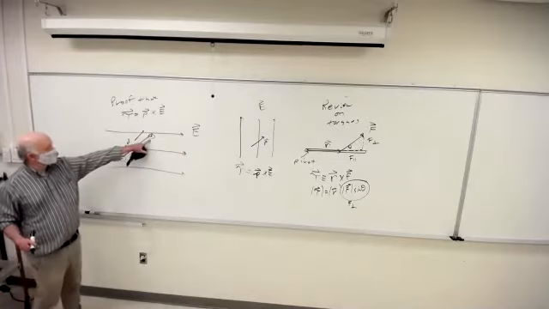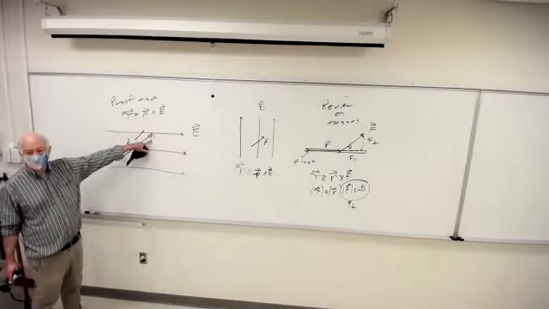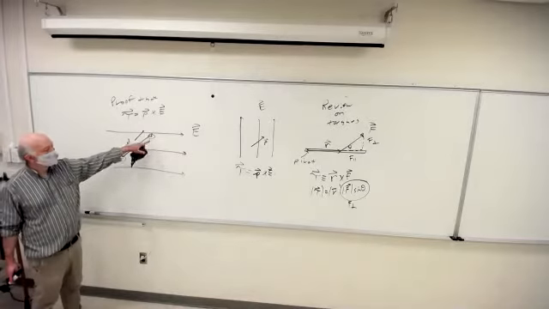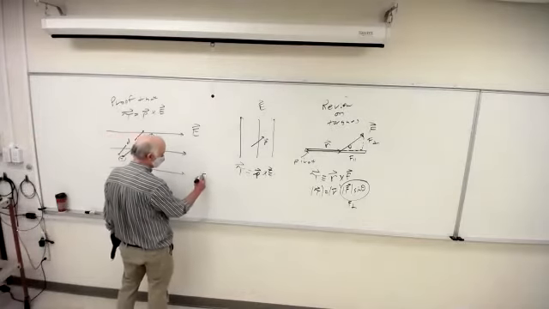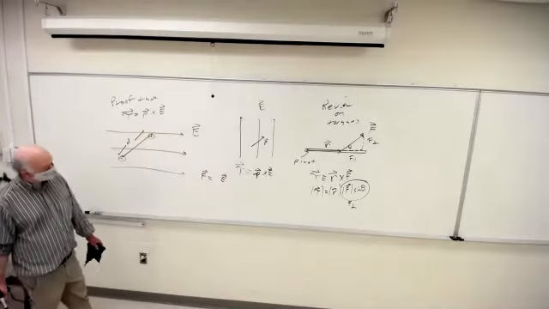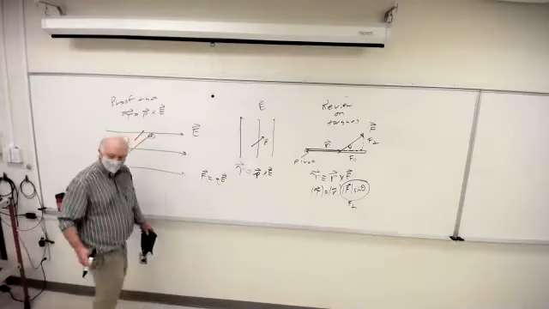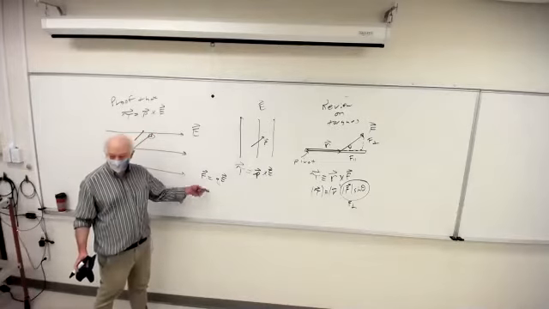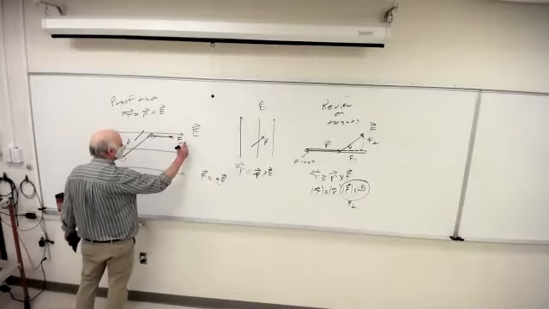So what would be the force on this guy here? How's F connected with E? F equals Q times E. Remember, your E is F over Q. So this is the force on the positive charge.